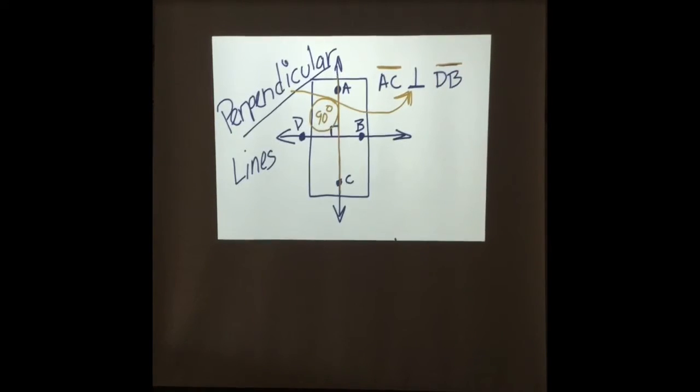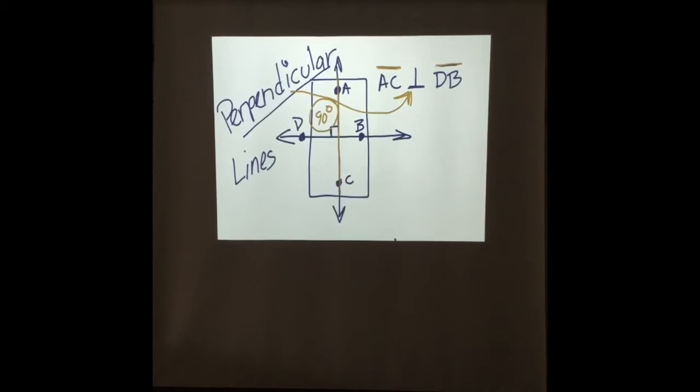And that's what you have to remember for this one, is that perpendicular means 90 degrees. So they're intersecting lines, but they intersect at 90 degrees. That's called perpendicular. Perpendicular lines, okay?